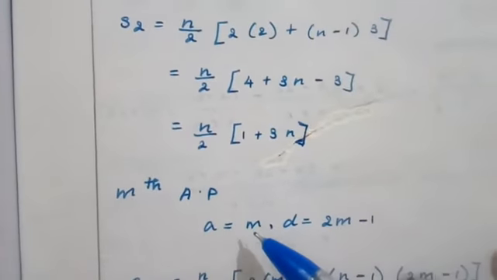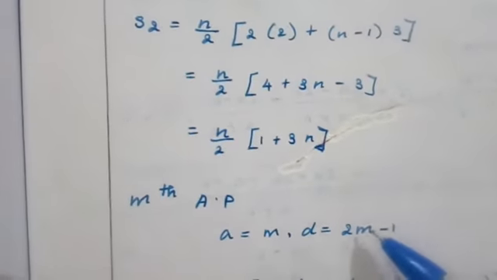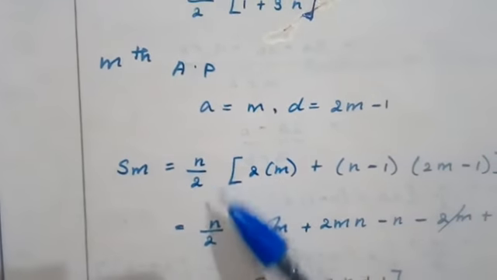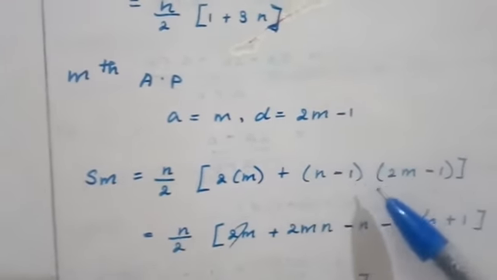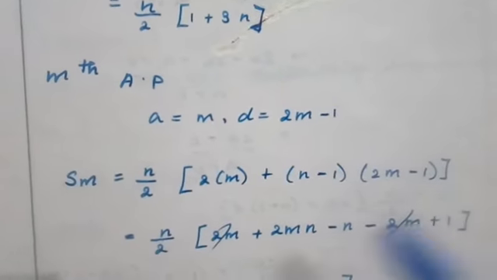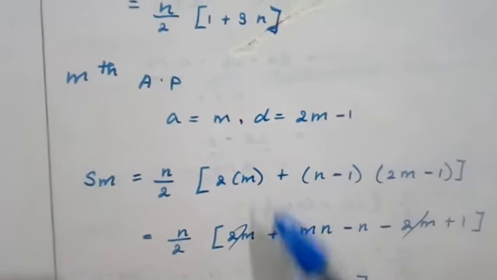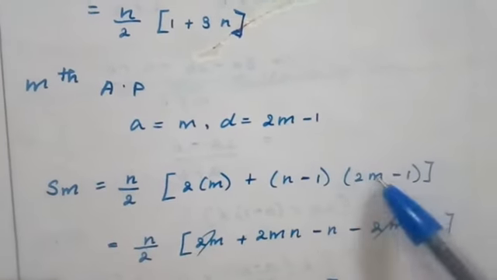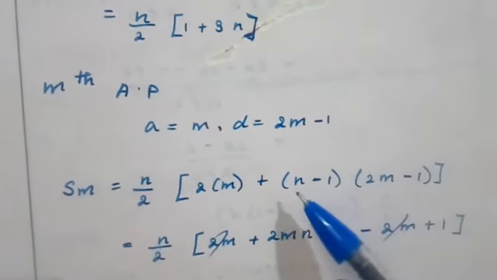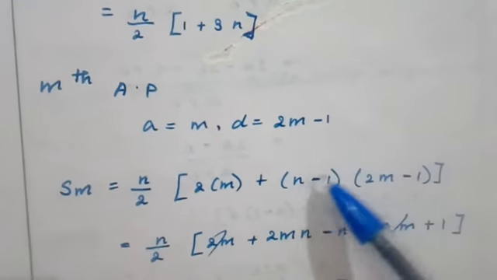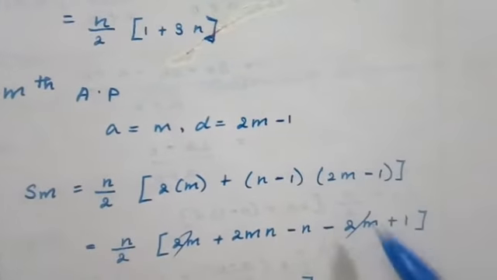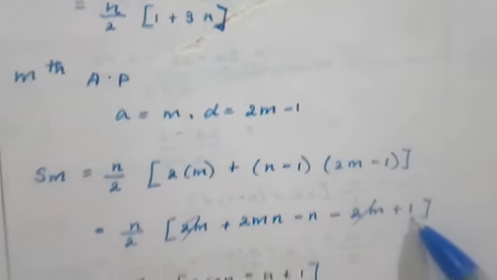Next, the mth AP: A equals m, D equals 2m minus 1. So now Sm equals n by 2 into (2 into m plus (n minus 1) into (2m minus 1)). So n by 2 into 2m; you have to multiply these two, 2 into mn, then multiply with this: minus 1 into n is minus n, minus 1 into 2m is minus 2m, minus 1 into minus 1 is plus 1.